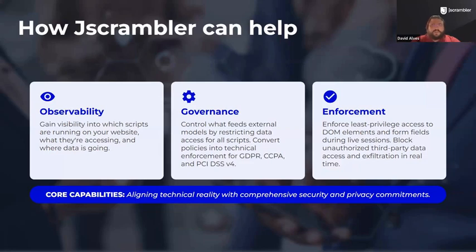It evolves. Your integrations change, your third parties can change their scripts from time to time. So something that looked fine a few months ago might not be fine today. So just monitor and pay attention to what your site is loading.